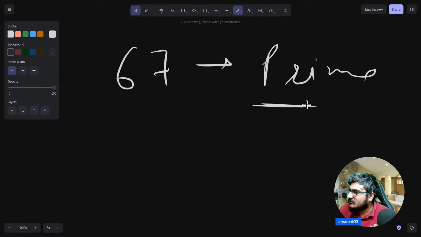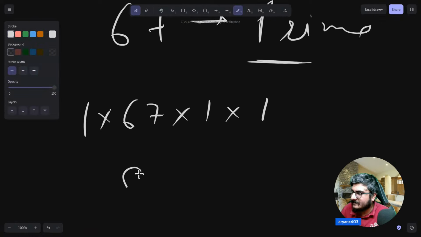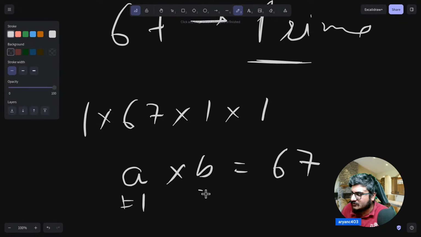So the only possible way to write it as a product is 1 times 67 times 1, and so on. There are no two numbers A and B, both not equal to 1, such that their product is 67. So that's the crucial observation.